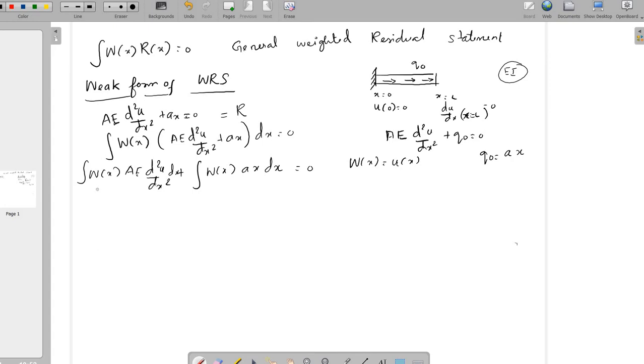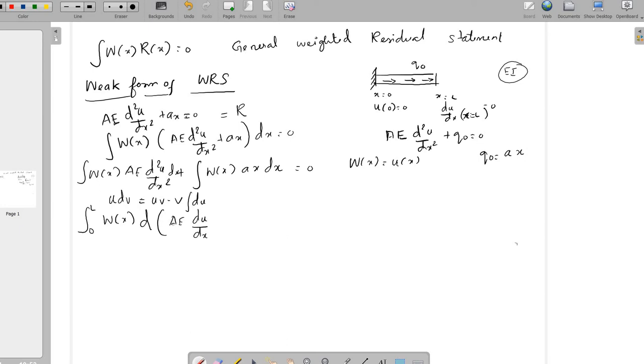See, we make this W(x) AE d square u by dx square in the form of u dv, so that we can change into uv minus integral of v du. So we are going to change the first term in this format. How? The boundary is from 0 to L. W(x) is u. dv is AE du by dx.